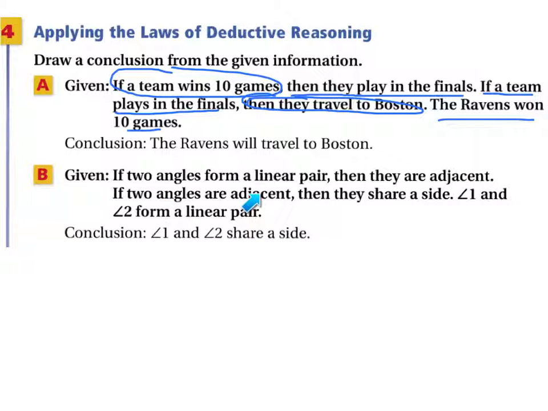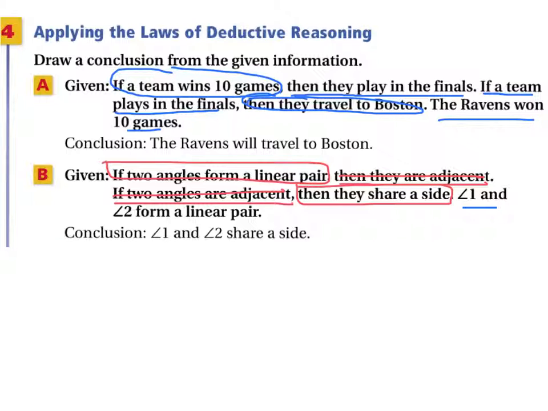The second one, if 2 angles form a linear pair, then they are adjacent. If 2 angles are adjacent, then they share a side. Angle 1 and angle 2 form a linear pair. So notice this right here. If they are adjacent, they are adjacent. It's the same thing. So we can just take the first one and the last one. Well, since angle 1 and angle 2 form a linear pair, that's a repeat of the first hypothesis.